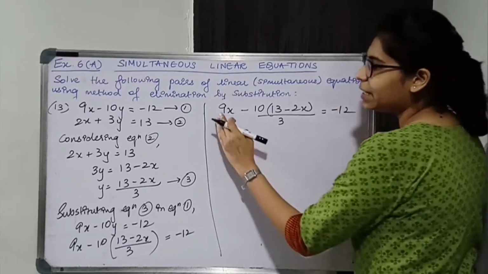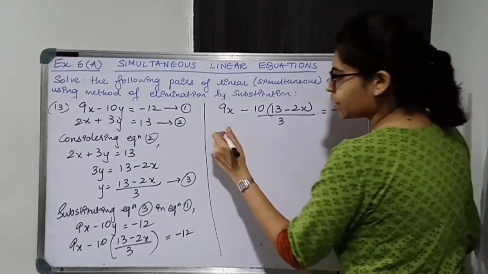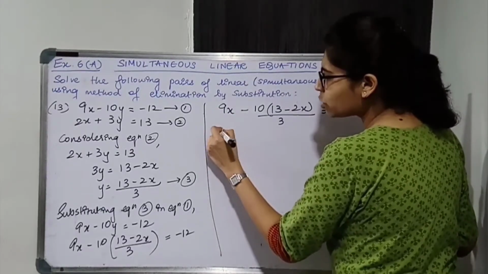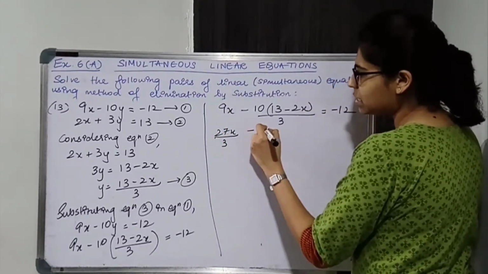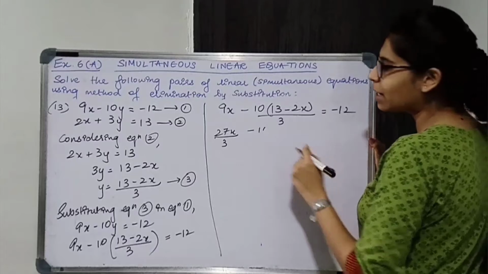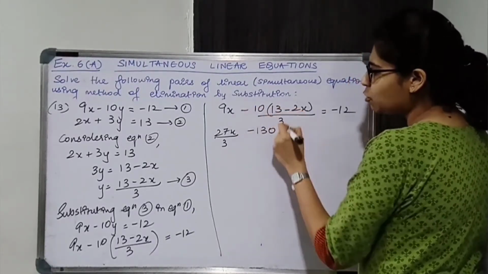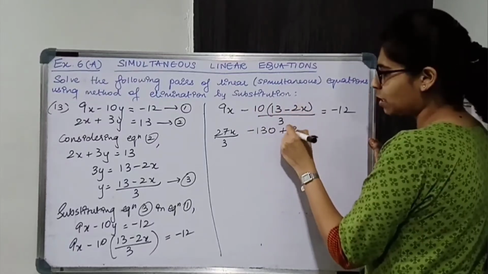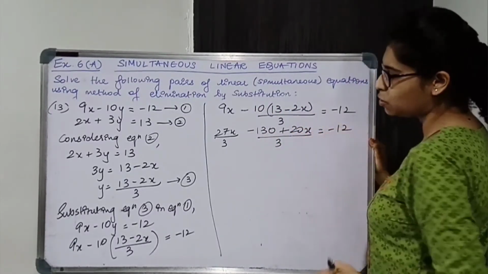Now I'll take LCM. Okay, so multiply and divide by 3 over here. So 3 into 9 हो जाएगा 27 divided by 3, minus 10 into 13 हो जाएगा 130, and minus into minus plus 10 2s are 20, x divided by 3 equal to minus 12.